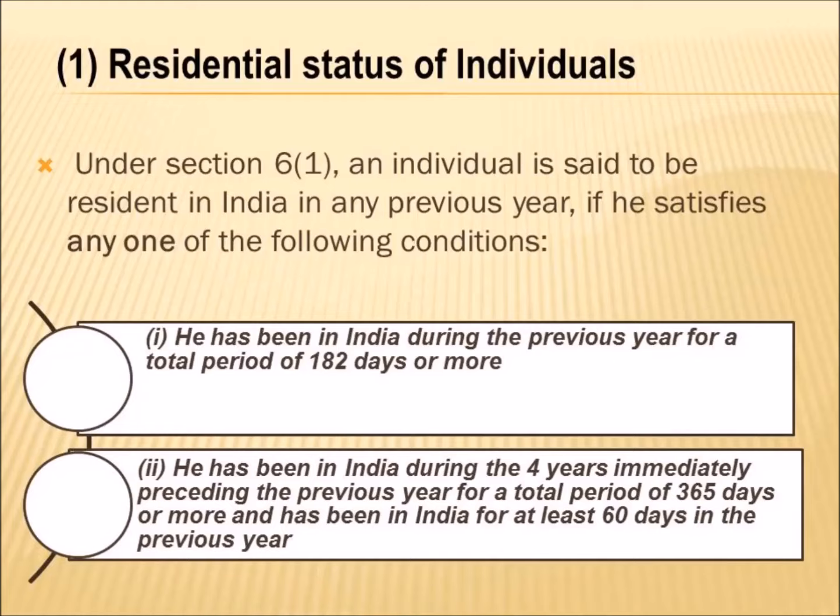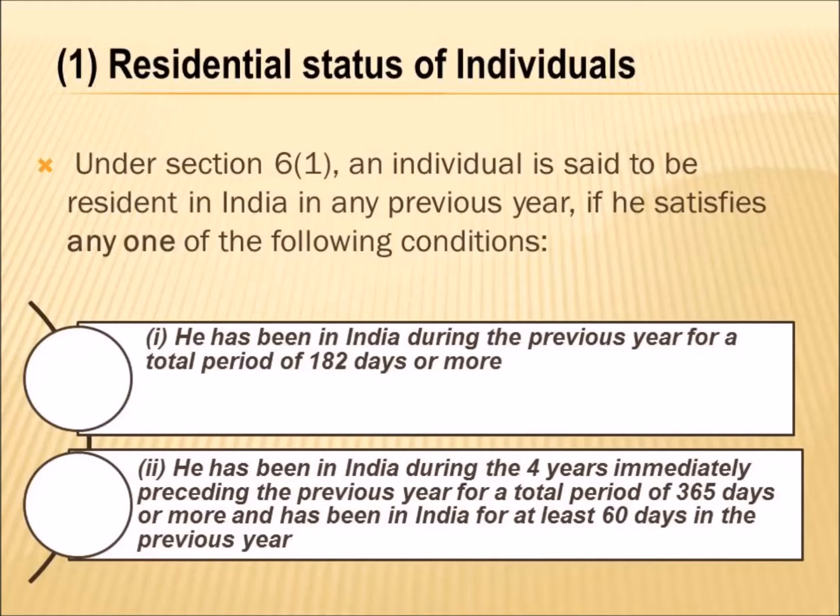Number one, he has been in India during the previous year for a total period of 182 days or more. We have to see whether in the previous year, that is the year before this year, he has been in India for a total period of 182 days or more.